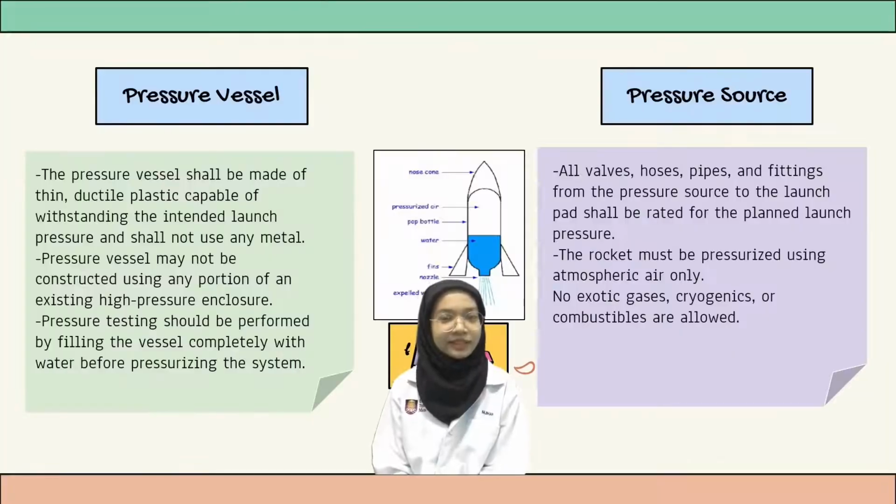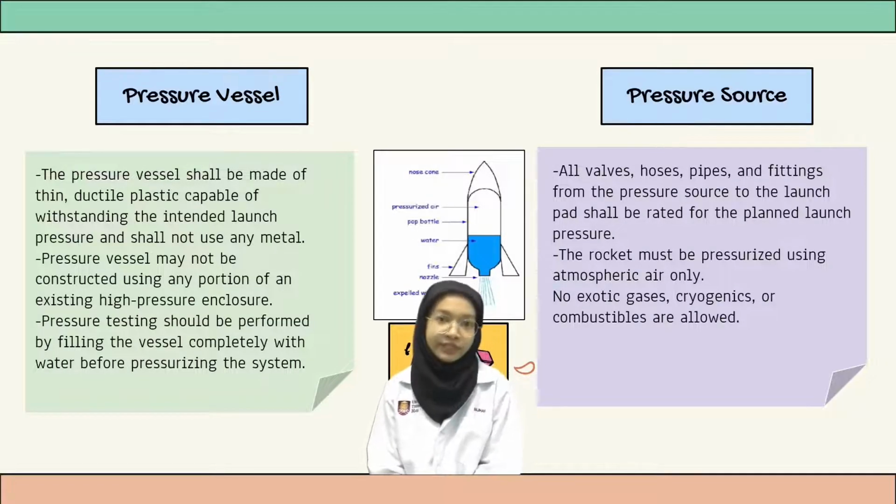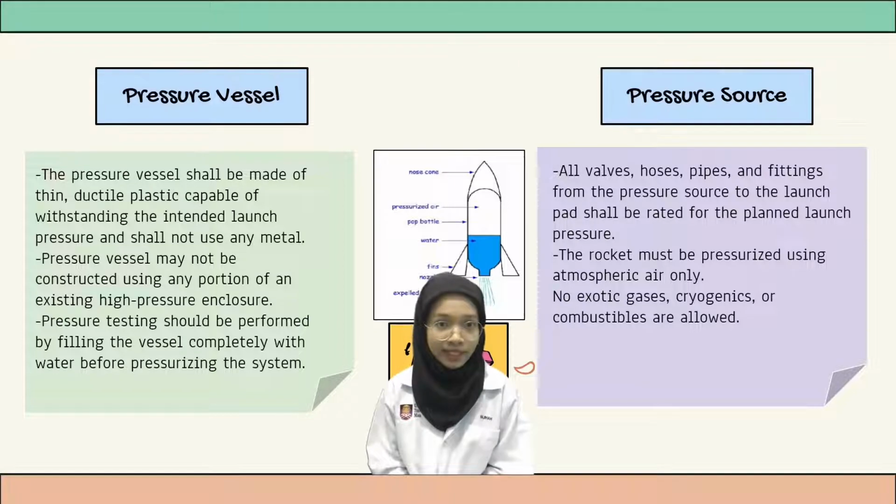Next, the pressure vessel and the pressure source. The pressure vessel shall be made of thin, ductile plastic capable of withstanding the intense launch pressure and shall not use any metal. This is because metal is not only heavy and dangerous if dropped due to a failed flight, but it can also cause major problems if it lands on power lines.